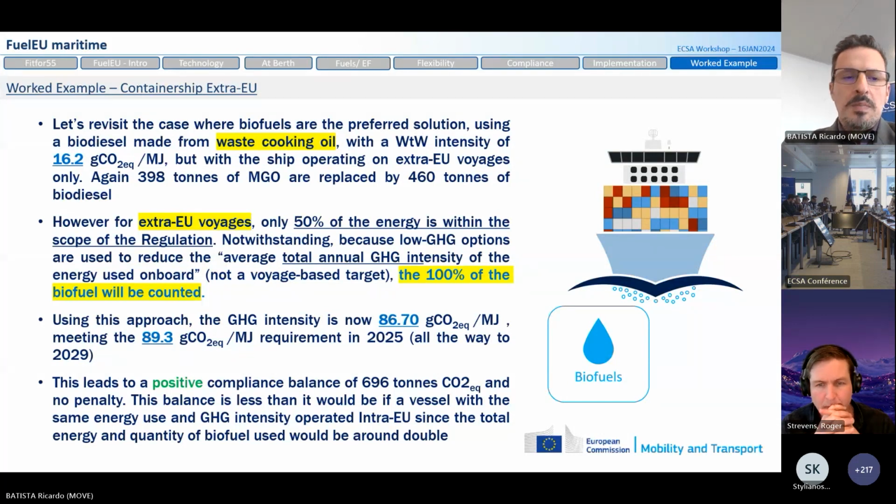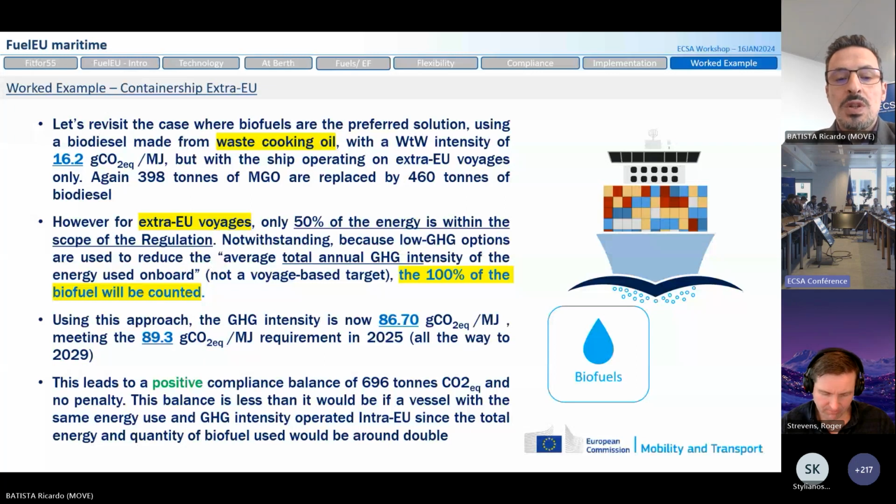So again, we replace MGO by the waste cooking oil, but only 50% of the energy is in the scope of the regulation. So we consider only 50% of the total energy used on board the ship.